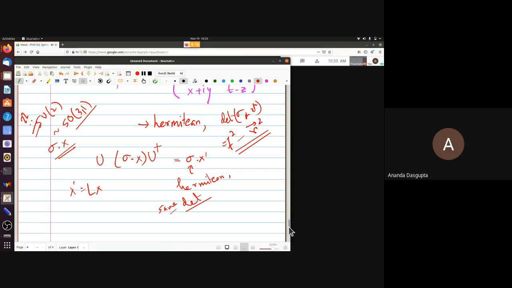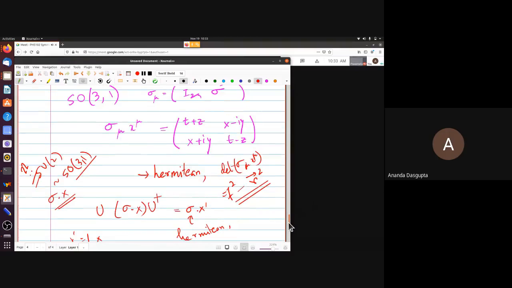That's actually very simple. You can just look at this and tell me that this is not a boost. Why is that? This is a Lorentz transformation, no doubt about that. But this is just the rotation and not a boost. Correct, as you said. But how do you know that this is not a boost? This can never give me a boost.